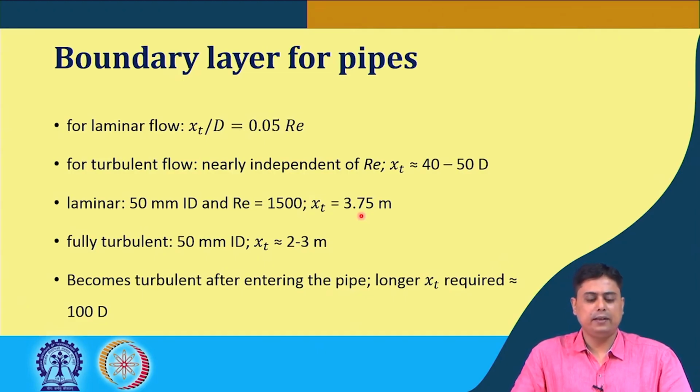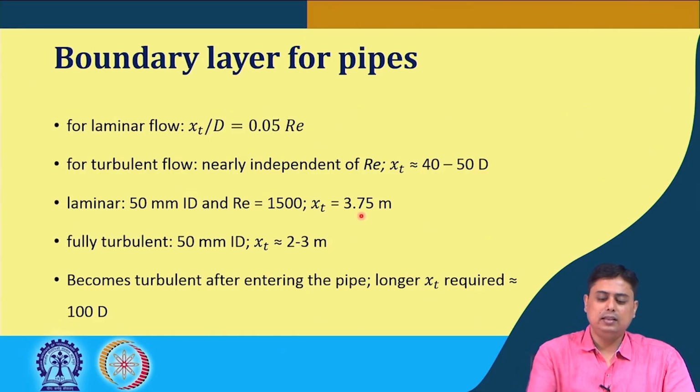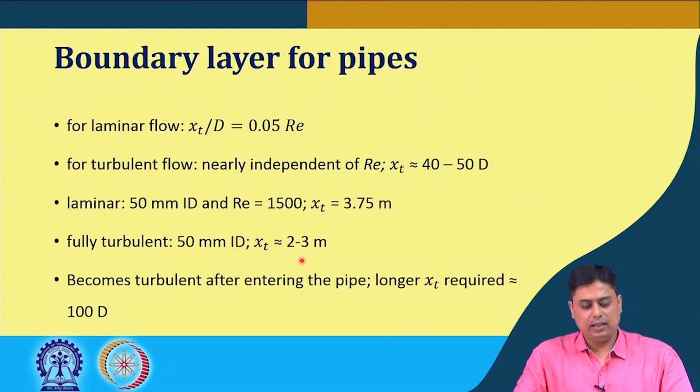But the point is that at the very high velocities of turbulent flows, or fully turbulent cases, this value is around 2 to 3 meter. Why this happens, we will see in the next slides, the reason for this.